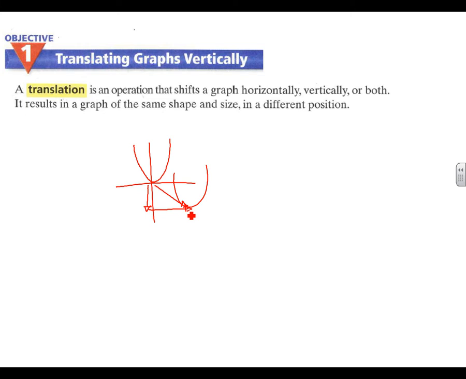All right? Translation, the key on this is that same shape and size. We're not changing the shape. We're not making it any bigger or smaller. All we're doing is moving to a different position. All right? So a translation is an operation that shifts a graph horizontally, vertically, or both, but keeps the same shape and size. All right?